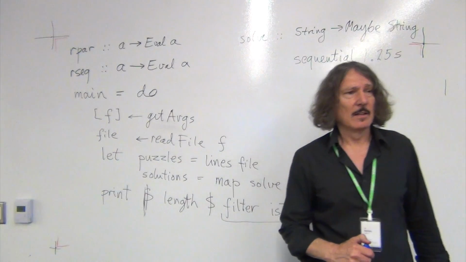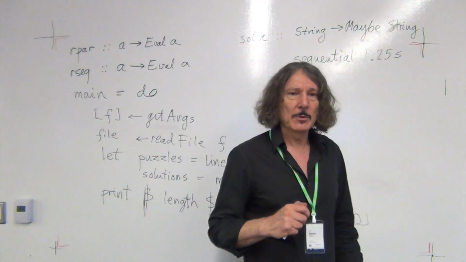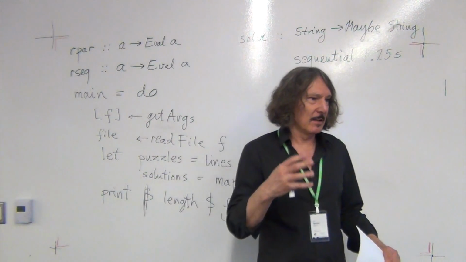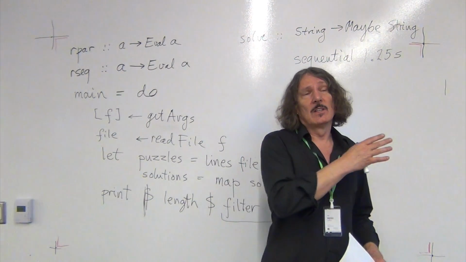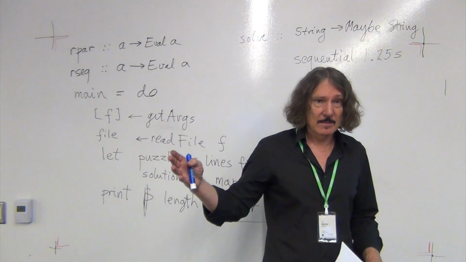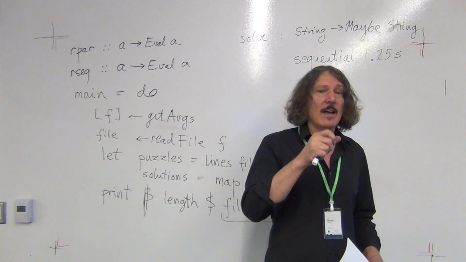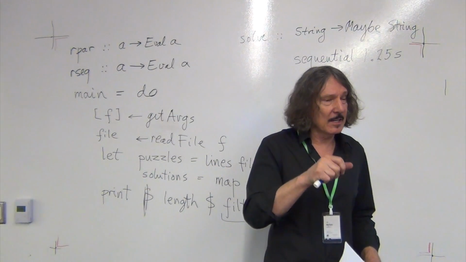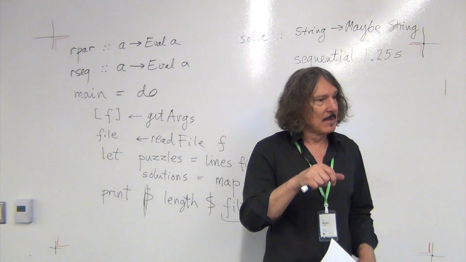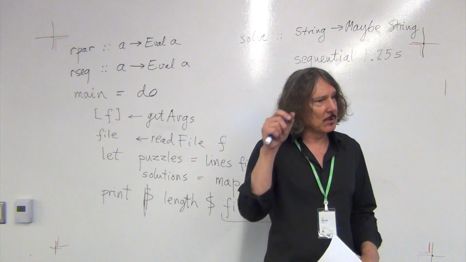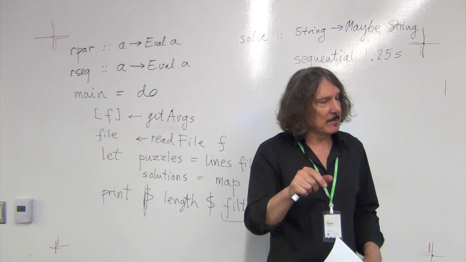So before we do this, we have to introduce a new primitive, because what we are going to do is go through a list and apply and spark a calculation for every element of the list. So we have a function that we want to apply to every element of the list.